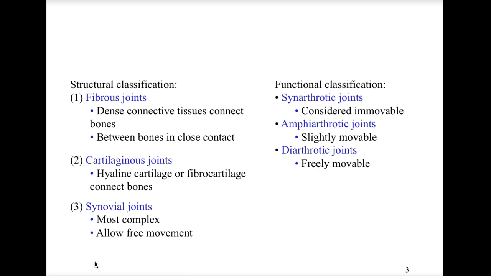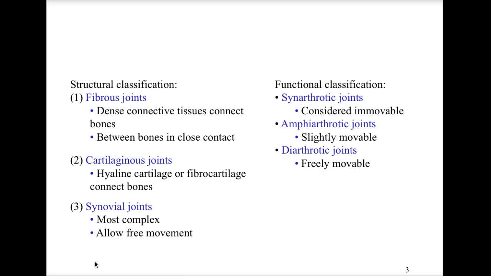Classification of joints can be based on the type of tissue that binds the bones at each junction. That is what would classify joints structurally. Structural classification is used most commonly in the field, and there are 3 basic types.